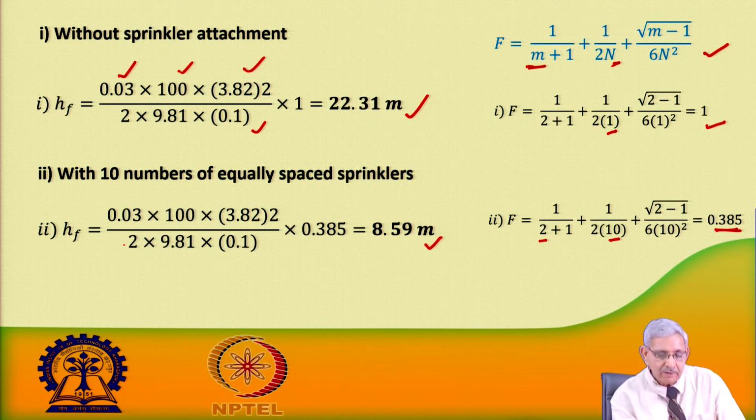Or simply, substituting f L v square by 2 g D, once we multiply by this reduction factor of 0.385, we get the head loss due to friction by the Darcy-Weisbach equation as 8.59 meter.